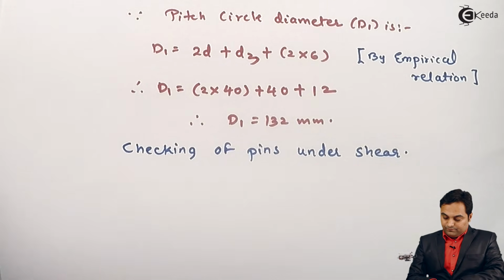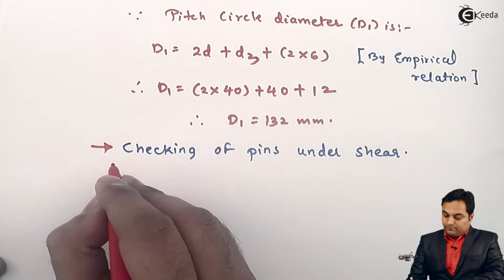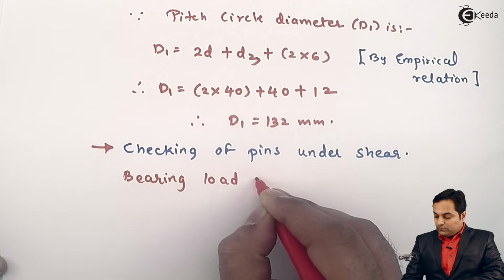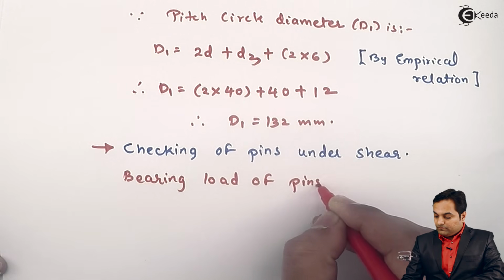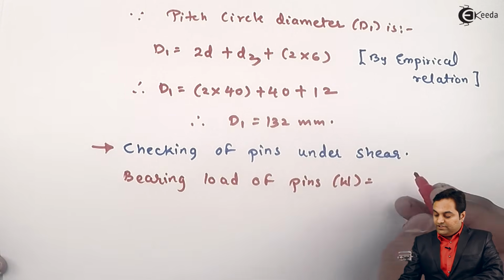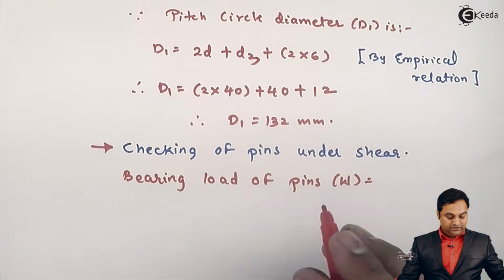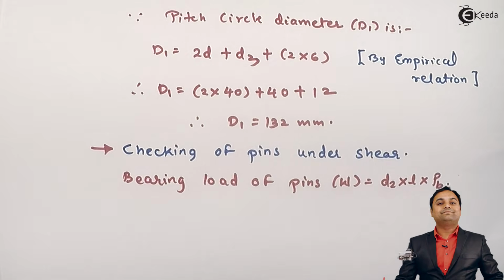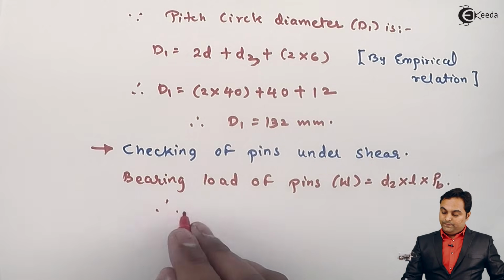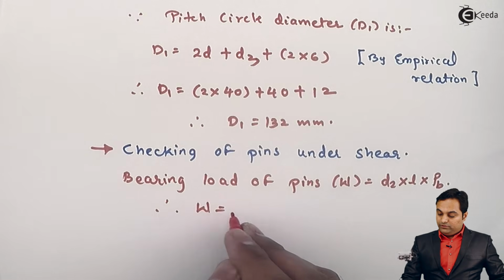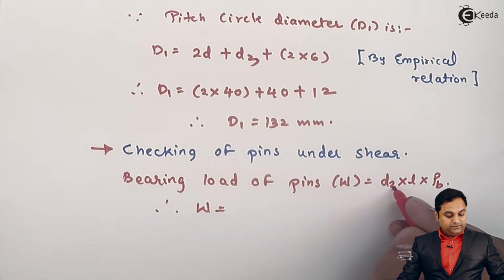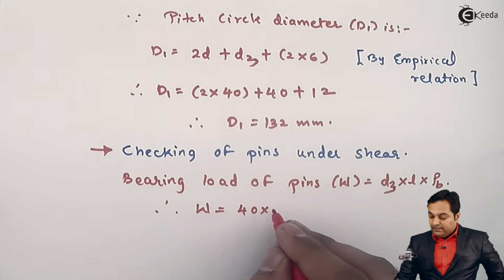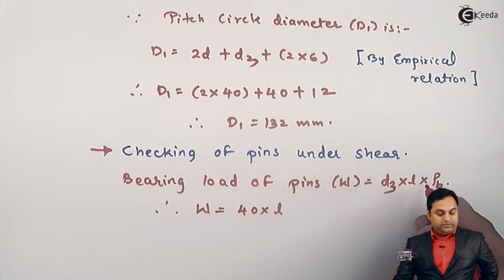So, bearing load on pins, W, is equal to the bearing area, which is nothing but D2 into L, multiplied by bearing pressure. So here W is equal to 40 into L, since length is what we don't have.